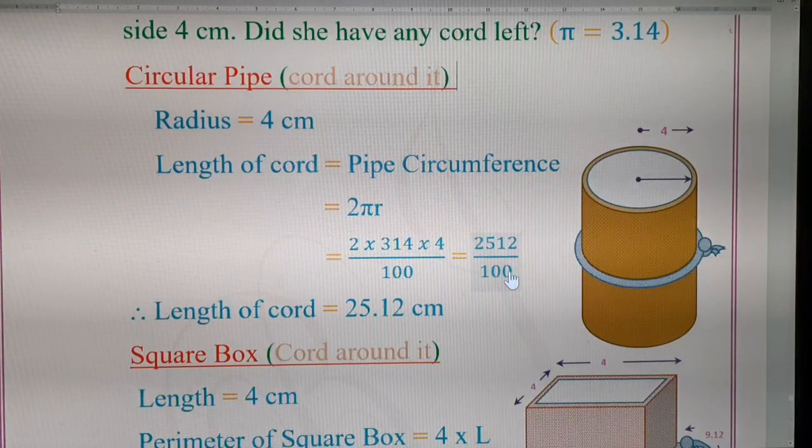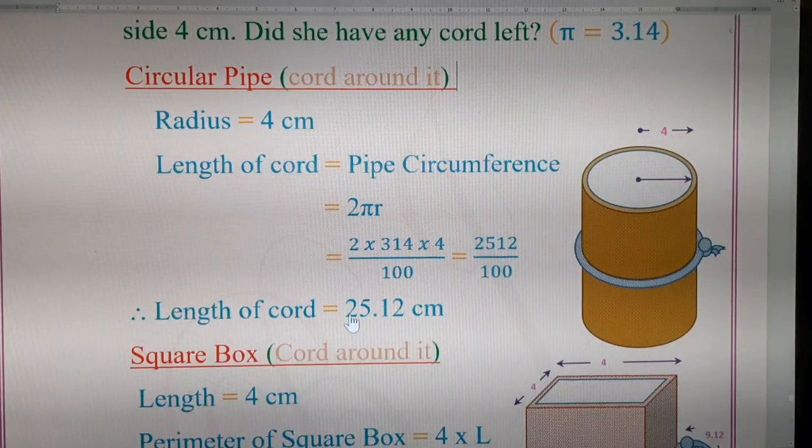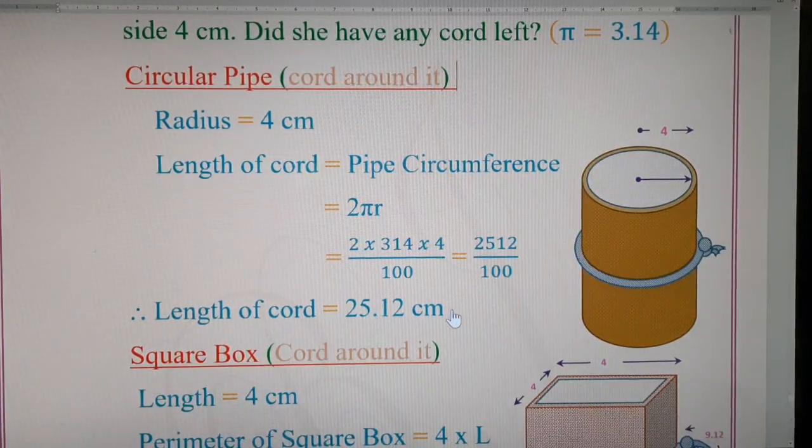So in order to remove the denominator 100, we have to put a decimal point after 2 digits counting from the right side. So from the right of 2, if we count 1 digit, then second digit, the decimal point will be between 5 and 1. So our answer will be 25.12 centimeter. The length of the cord will be equal to 25.12 centimeter.